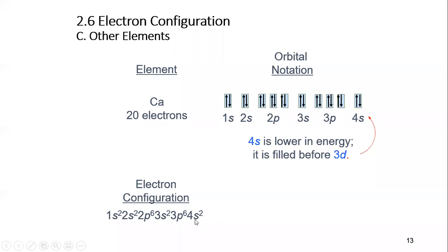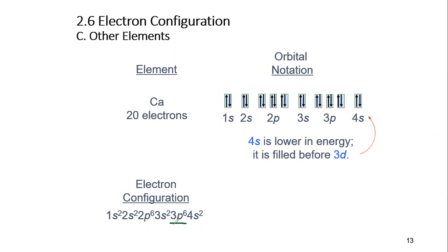And so here when we write the electron configuration, you'll see that it's 1s2 to 4s2. But notice here that the last completely filled p orbital is 3p. And if you go to the periodic table and count 3 noble gases down from helium, you'll see that it'll end up on argon.